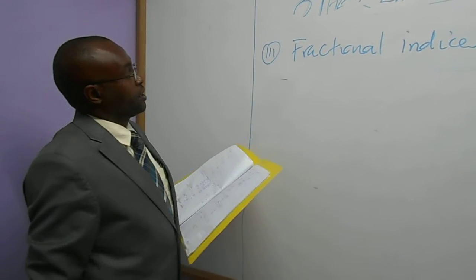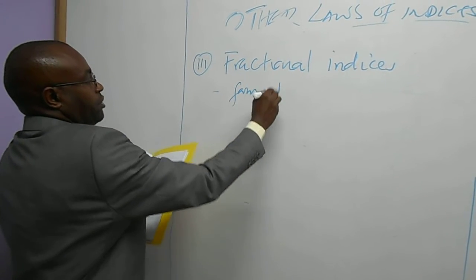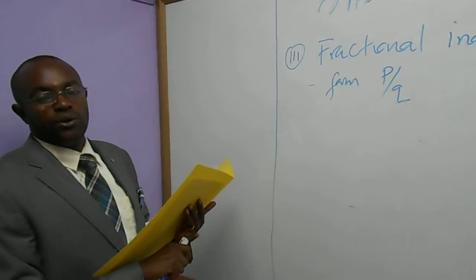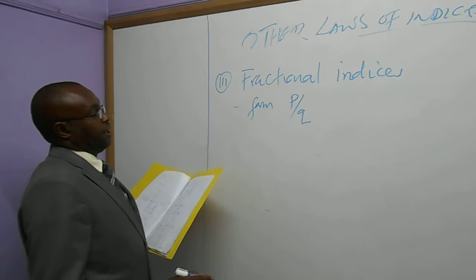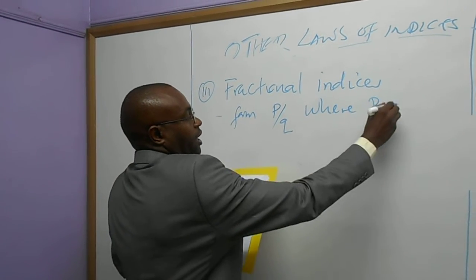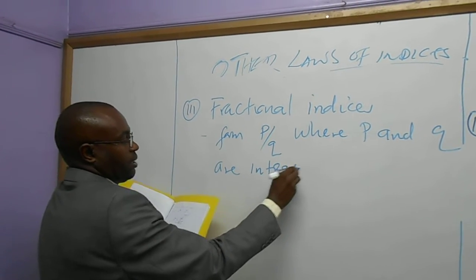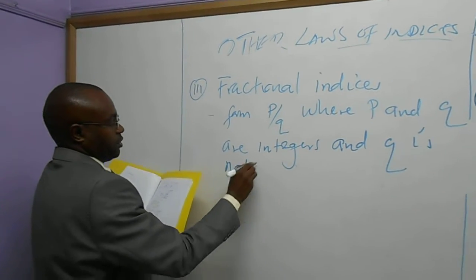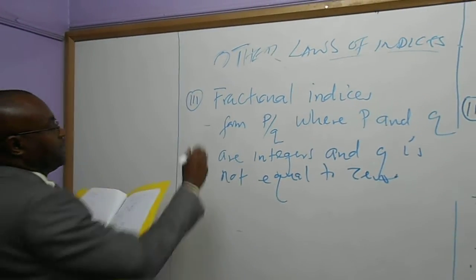And when we talk about a fraction, you're saying they can be expressed in the form p over q, where p and q are integers, which are basically whole numbers, and q is not equal to 0. So those are fractional indices.